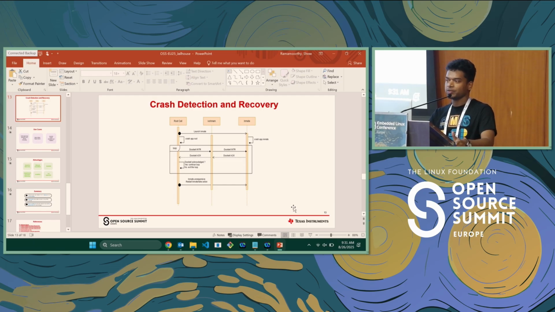His question was what will happen to your whole system if the root cell crashes. So yes, if the root cell crashes, you have no way out. The only solution is to have a minimal and stable Linux kernel working. And if the root cell crashes, you can again have watchdog timers, which will restart your root cell, and then you can go back to your inmate and follow this flow.